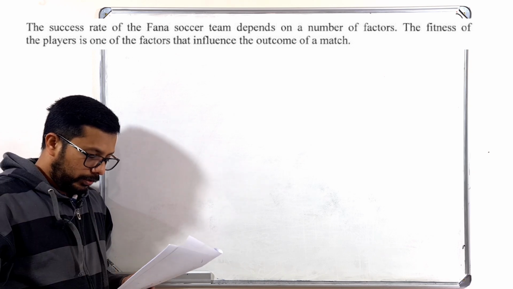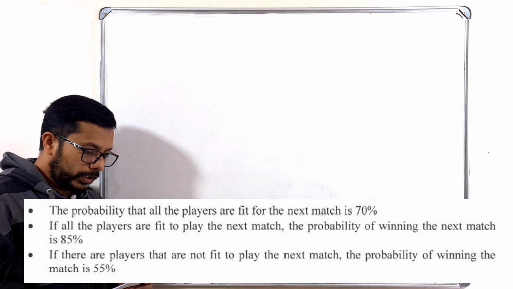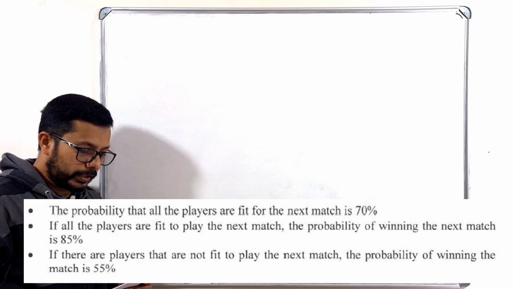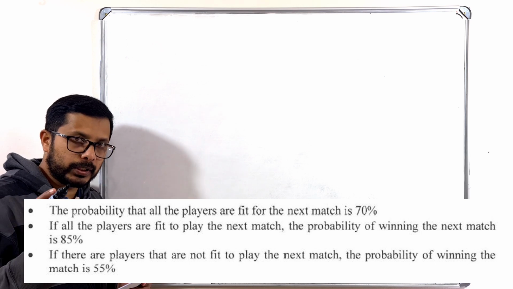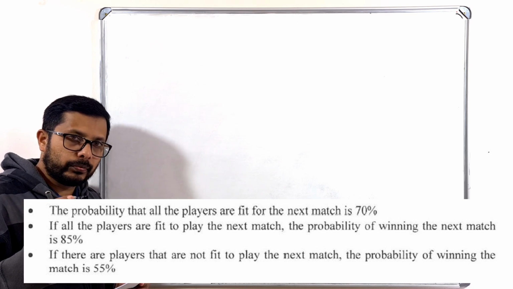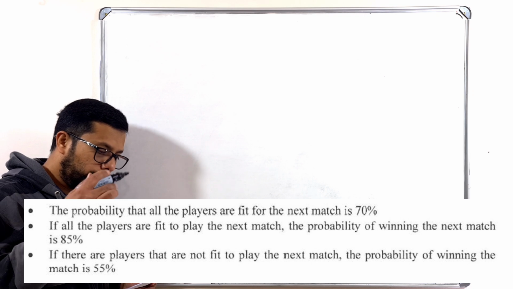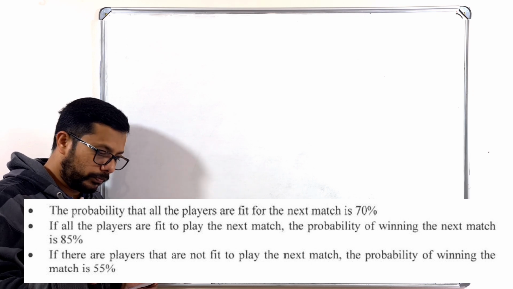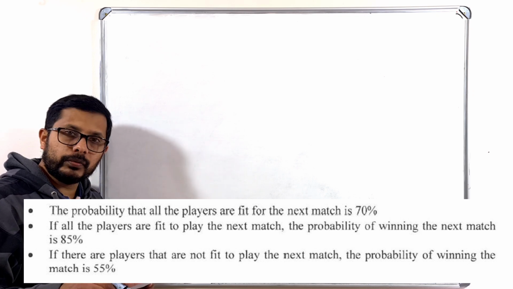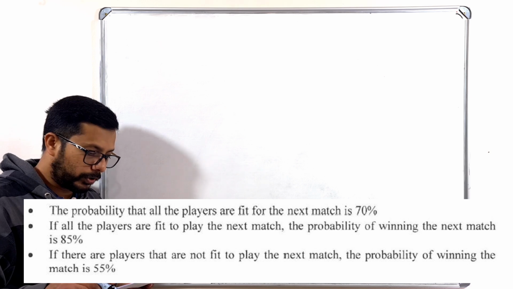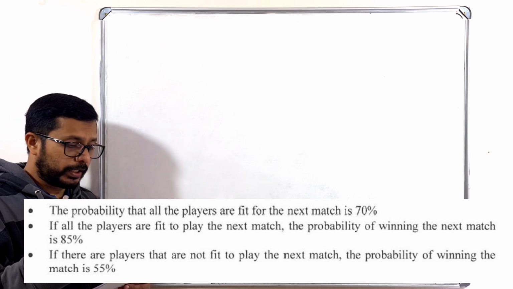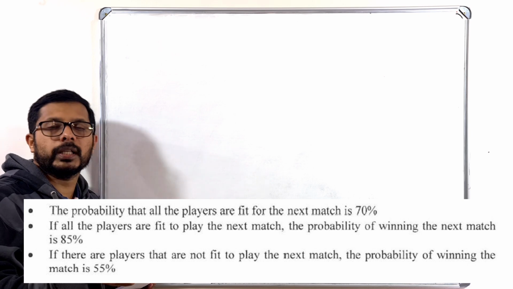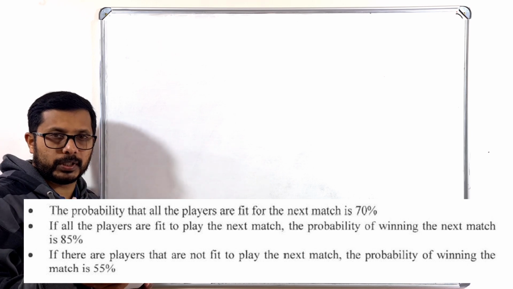Look at the first bullet. The probability that all the players are fit for the next match is 70%. You have to remember that one. What is the probability that all the players are fit for the next match? 70%.